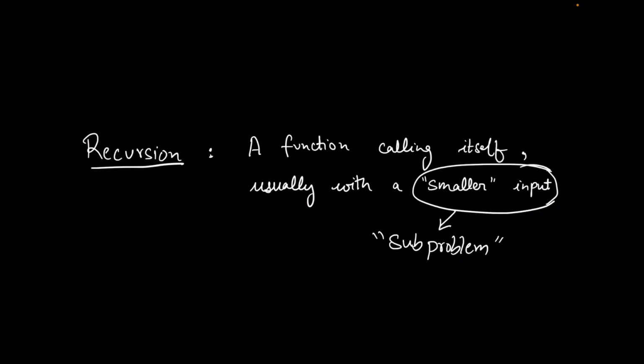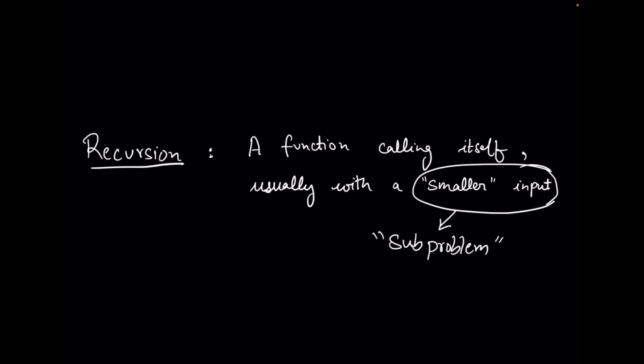Okay, so what you want to solve initially is your actual problem, and if you want to solve it using recursion, you make a function that calls itself using a subproblem, and that function call inside the function solves that subproblem, and you can use the answer you get from that subproblem to solve your original problem.